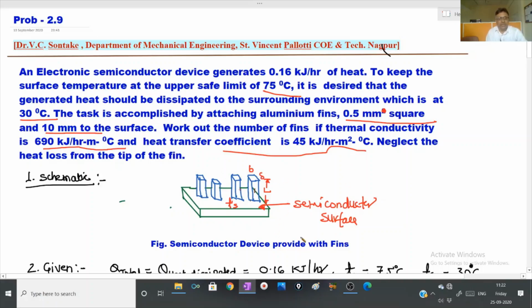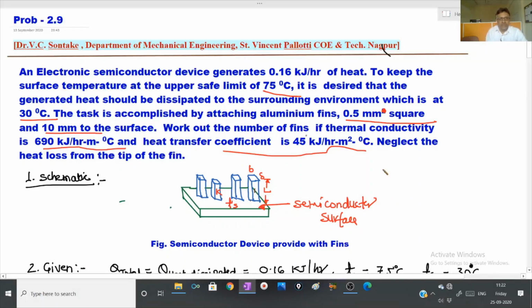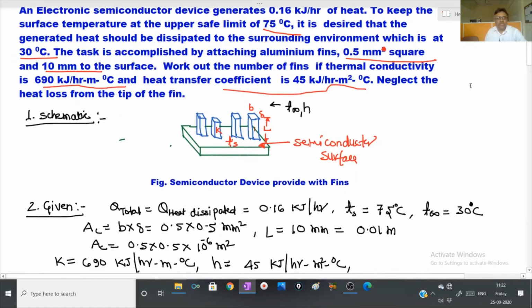Let's say thermal conductivity of the material of the fin is K. This fin is exposed to the environment at temperature T infinity and convective heat transfer coefficient h. So this is the required schematic of this problem. This diagram represents a semiconductor device provided with fins.